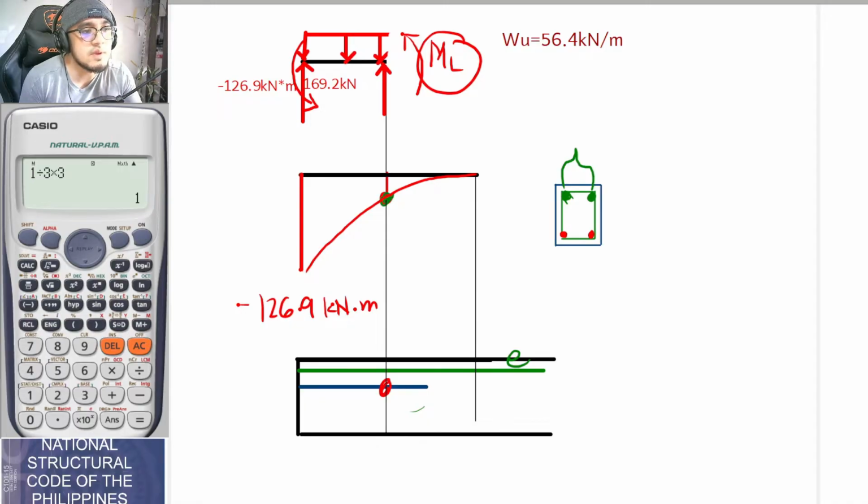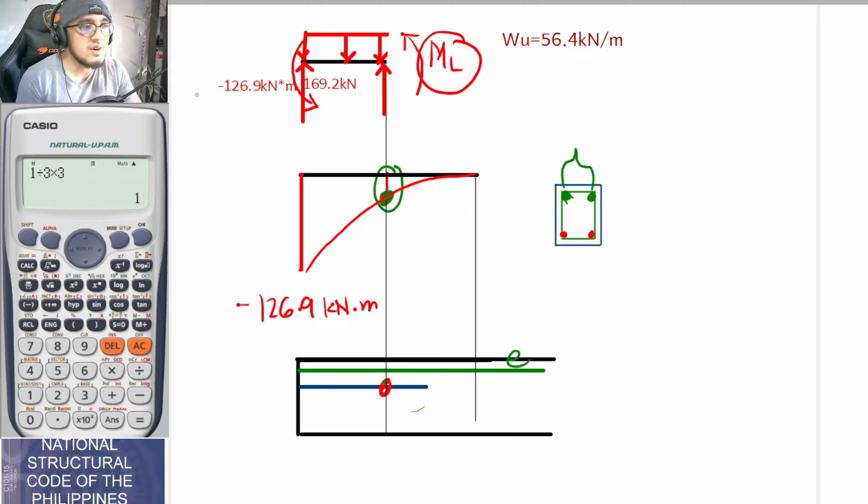And that is to be the location here. So basically, guys, what we are doing here is that we are searching for the location in the beam where bars L is not needed. So in Filipino, hanapin natin ngayon aling part dito sa section natin, yung hindi na natin kailangan si bars L. So, ayun.